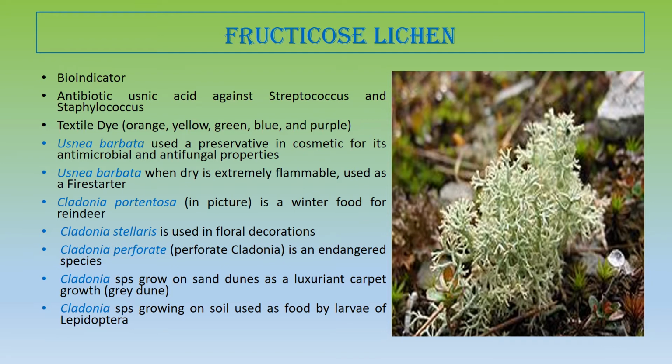And as this fruticose lichen cannot tolerate high sulfur-rich air, it has become an endangered species in industrial areas. This fruticose lichen can grow over a wide range of humidity, so it acts as a stabilizer of sandy soil.